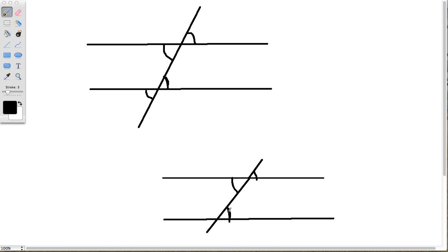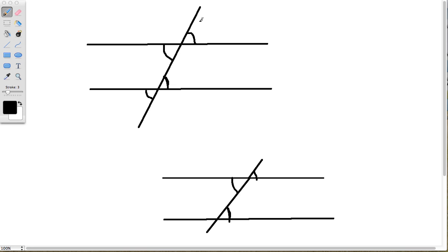So that's how we know that this is the same as this. See how they're on opposite sides? So that's going to help us when we learn about triangles.